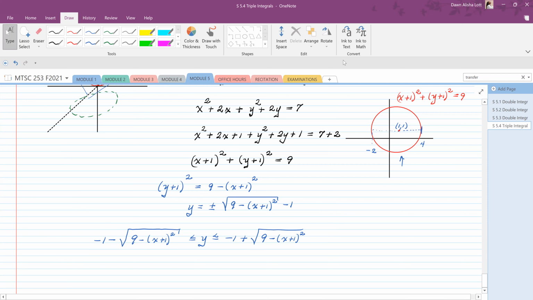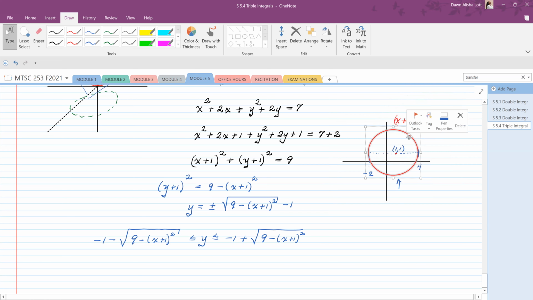Oh, the center is -1. I made the circle in the wrong place. Move the circle down there.